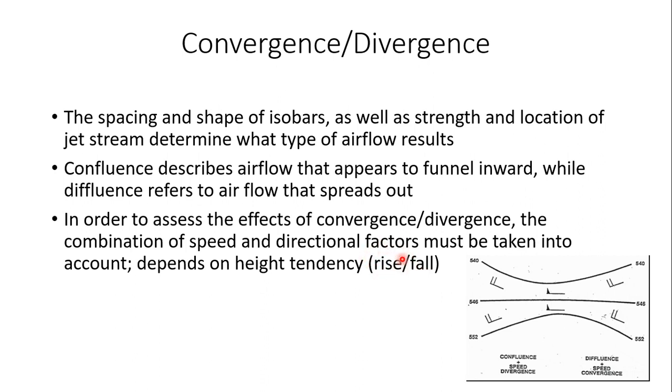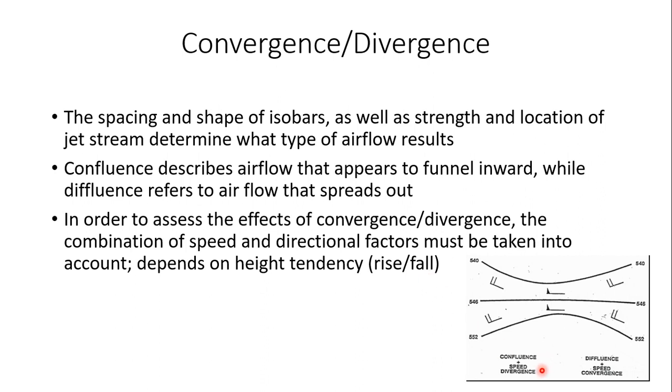If the upper level heights are rising, that's generally going to indicate speed convergence or an accumulation of mass. So if your height tendency is positive or rising, you are seeing some sort of convergence, whether it be directional or speed. If you analyze the height tendencies on an upper air station plot and the heights are falling, you have a negative sign in front of the heights, that generally indicates a divergence process in the upper levels of the atmosphere.